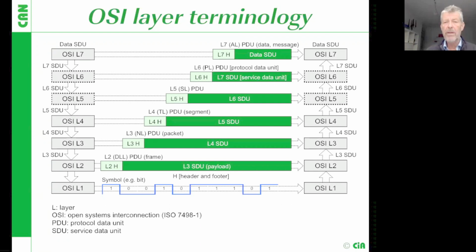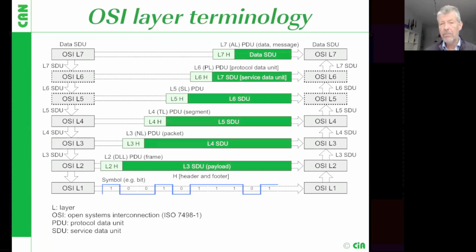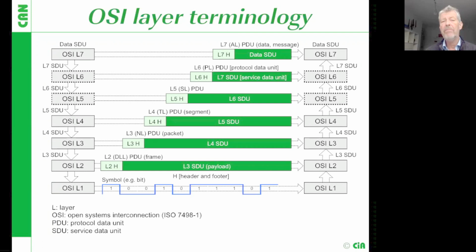So always we have a payload, and the payload is, so to say, the SDU of the previous layer. So for example, if you have the data link layer PDU transmitted from one node to another node, then you have the payload, and in addition the header and footer.